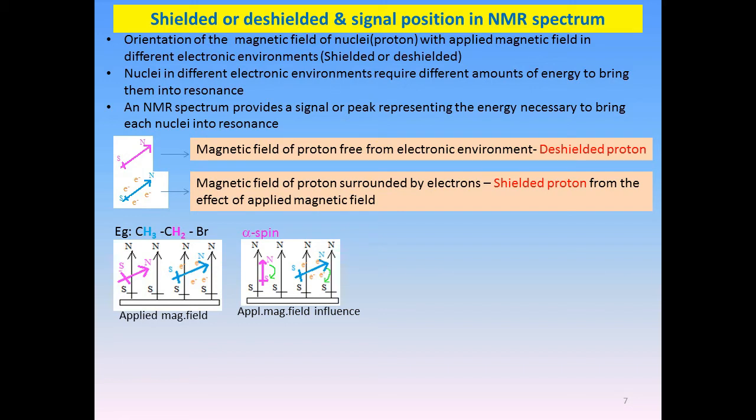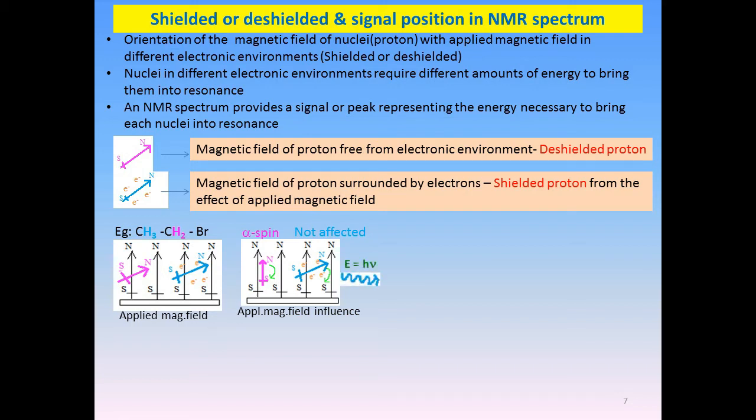The electron itself generates a magnetic field which opposes the applied magnetic field and restricts the proton from being experienced by the applied magnetic field. So they are not affected and they will not align in any direction.